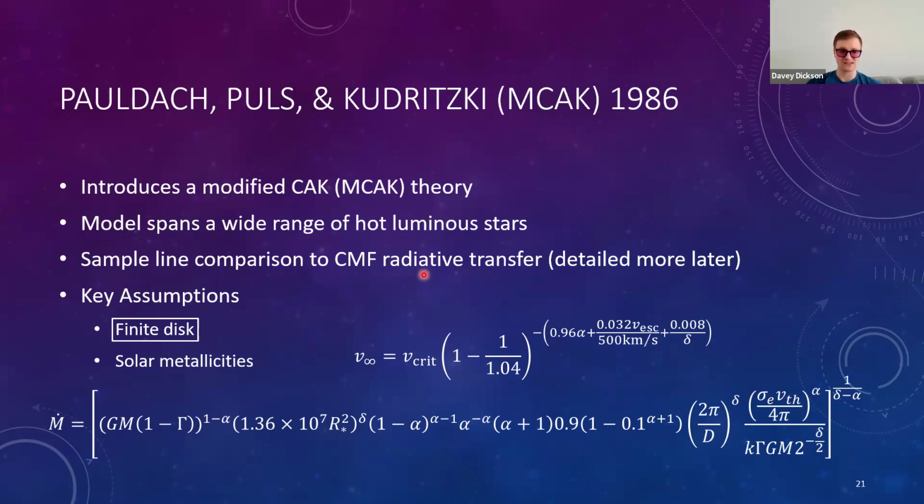And that was a small contributor to the overall physics. So that was a sign of how robust this method could be, as CMF approaches are relatively much more computationally intensive, and therefore in the 80s, very difficult to do at scale.